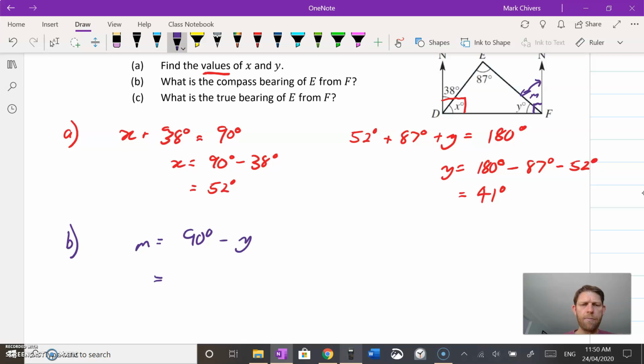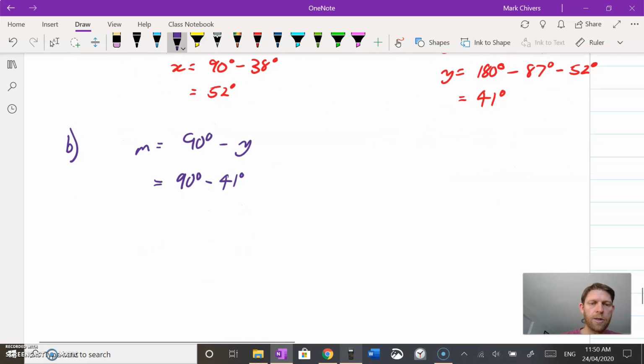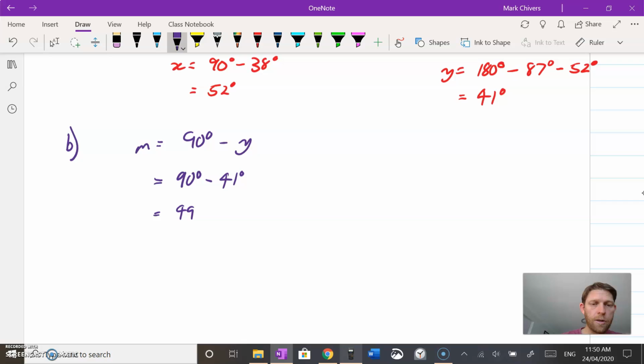So to find M, we just do 90 degrees minus 41 degrees, which is going to equal 49 degrees. So therefore the compass bearing is going to be north 49 degrees towards west.